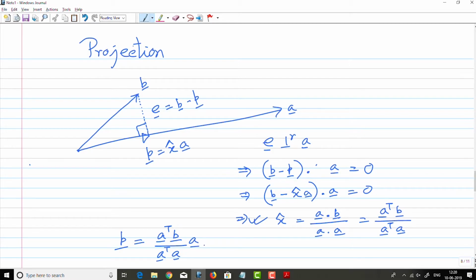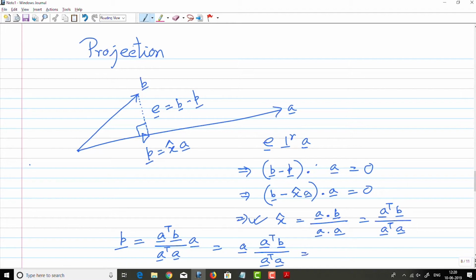Right. Now we are also interested in the projection matrix. If you write the projection vector P, you can write it as A transpose B by A transpose A. This is just writing the vector quantity first and the scalar quantity after.